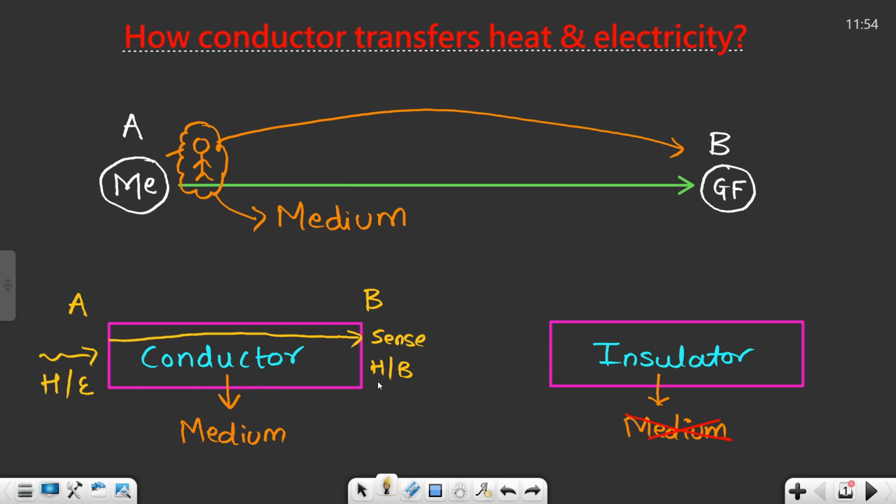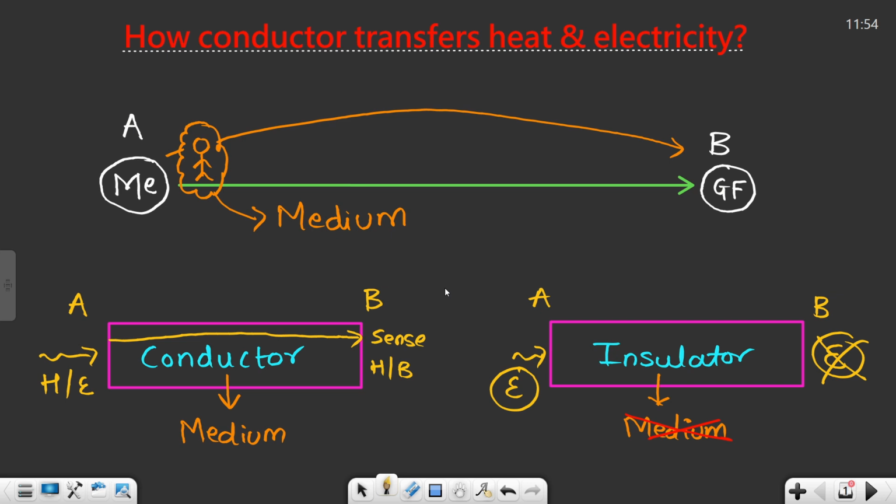Whereas in case of an insulator, if I supply certain energy, heat or electricity, from point A, I won't be able to sense this energy at point B. Why? Because this medium is absent in an insulator. So basically an insulator acts as a resistor. It won't allow the energy to flow from point A to point B. I hope you are able to understand this concept.